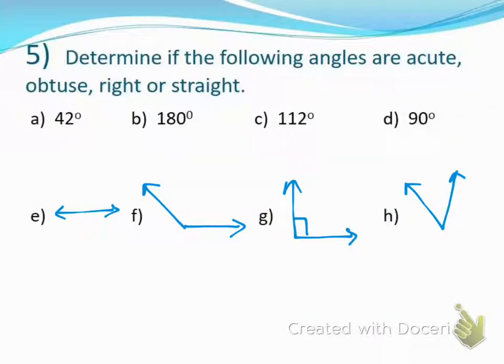Okay, on example 5, we are determining if the angles are acute, obtuse, right, or straight. It will only be one of those at a time.